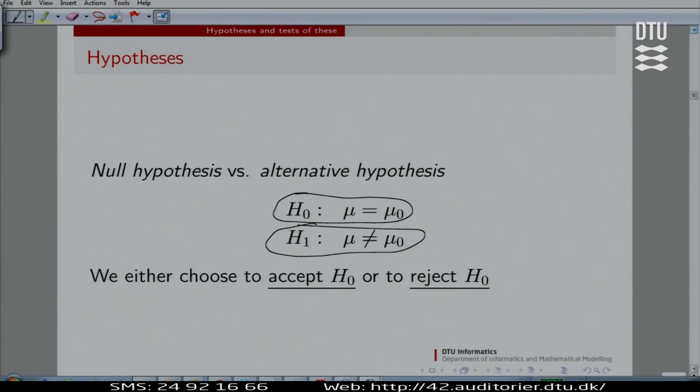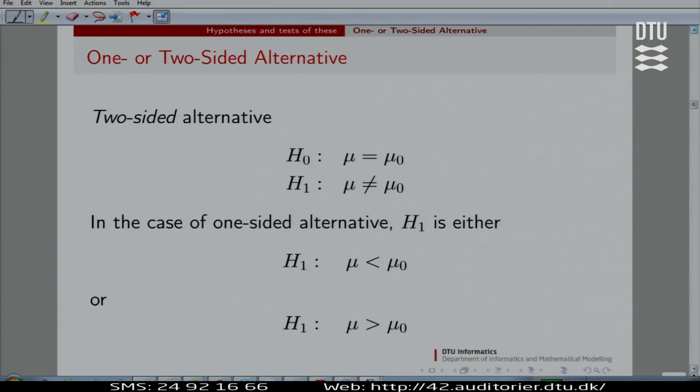We choose, and that's again some terminology, either to reject what the company claims, to reject the null hypothesis, or, that's a difficult word but it's still used, we may have to accept what the company claims. If we cannot prove the opposite, we have to accept it. So either we reject a null hypothesis, or we accept it. It's a decision support tool, in a way. We have to make a decision.